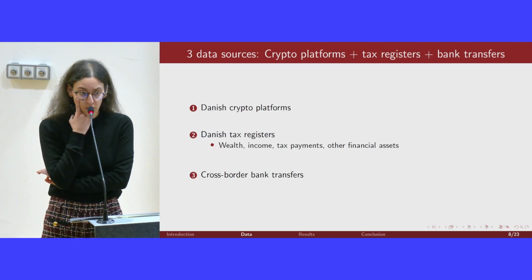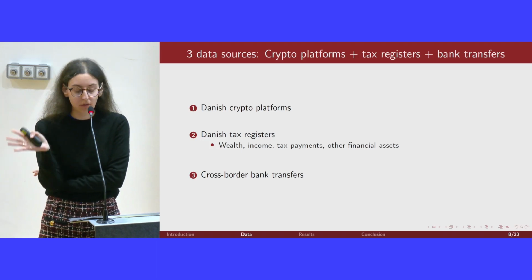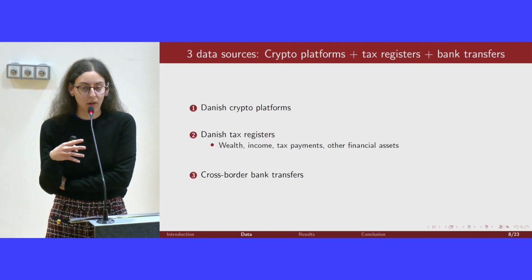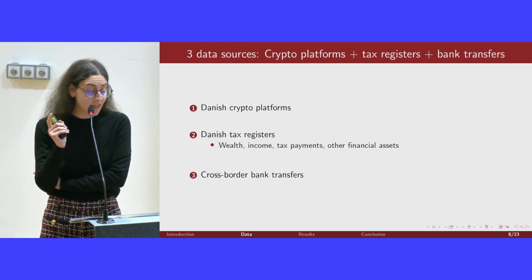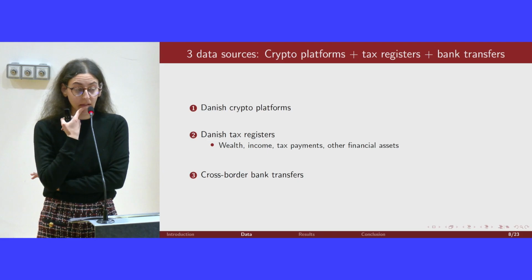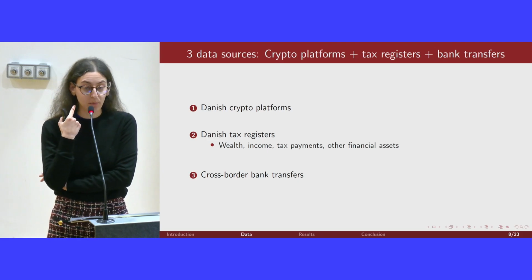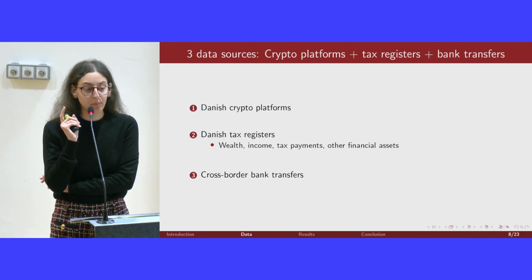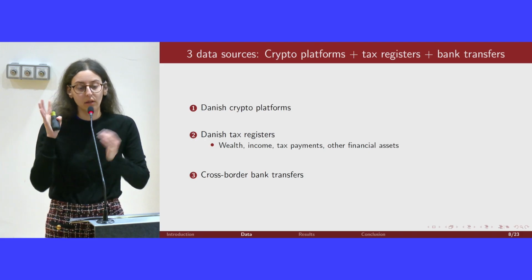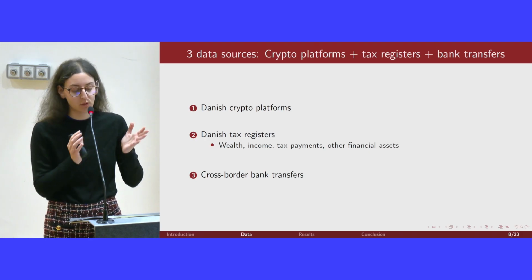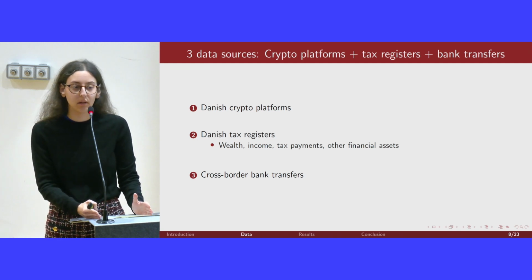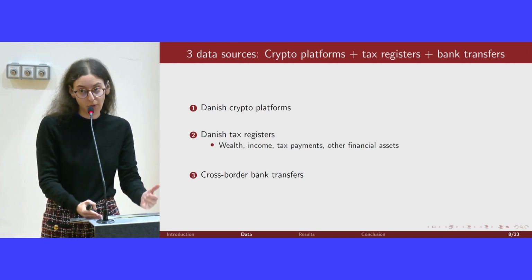So, three main sources of data, as I mentioned: the Danish domestic crypto platforms, the Danish tax registers where you can find wealth, income, and different variables, and then a very important database, cross-border bank transfers. This database is our proxy for foreign platform use, because the tax administration can now see your domestic transactions, but they cannot see the foreign ones.